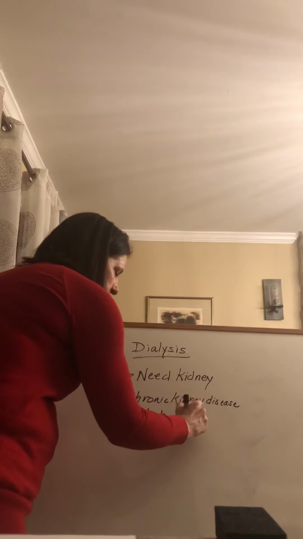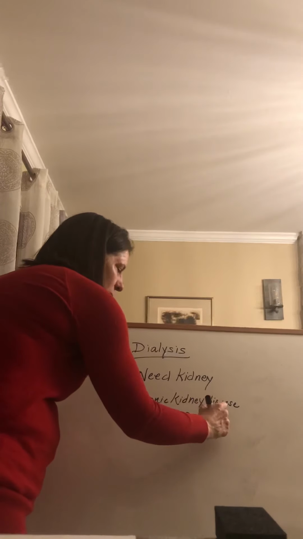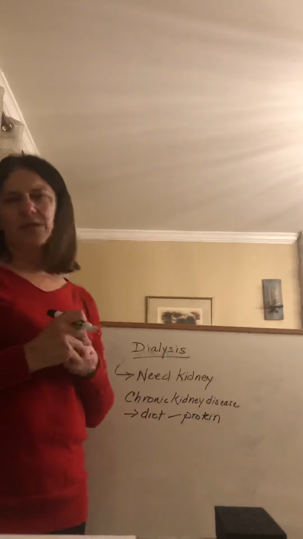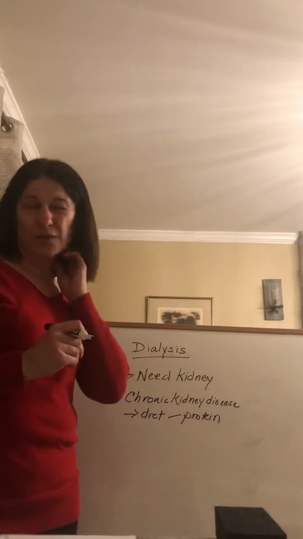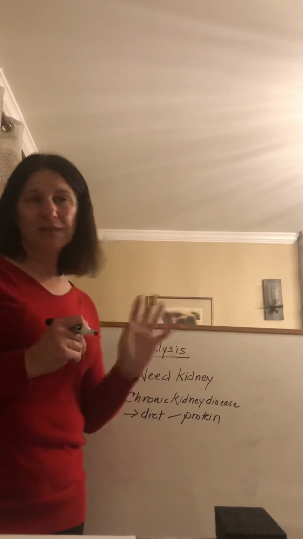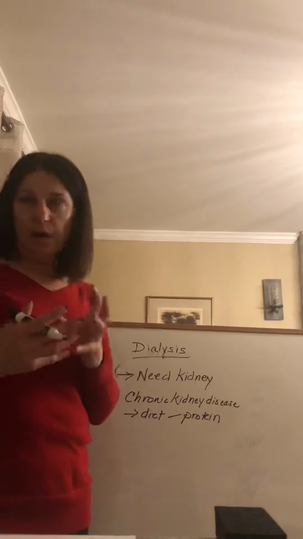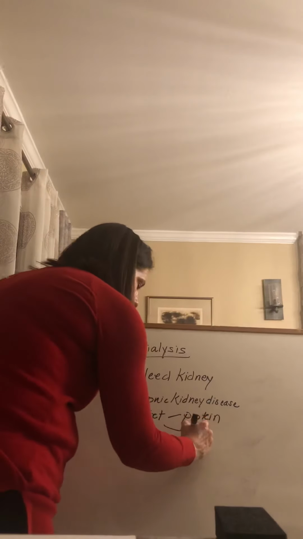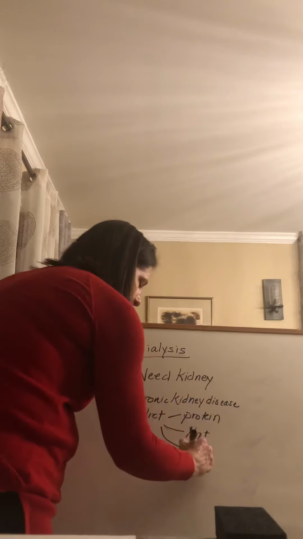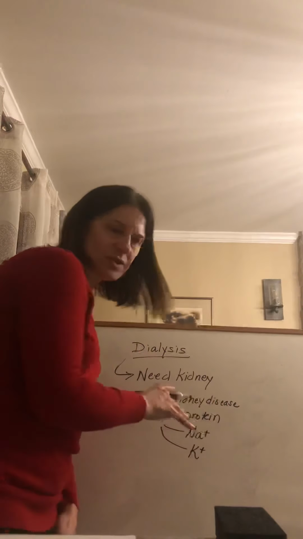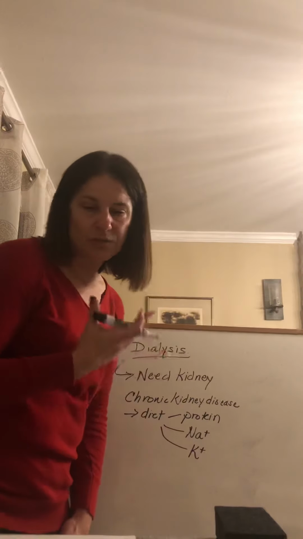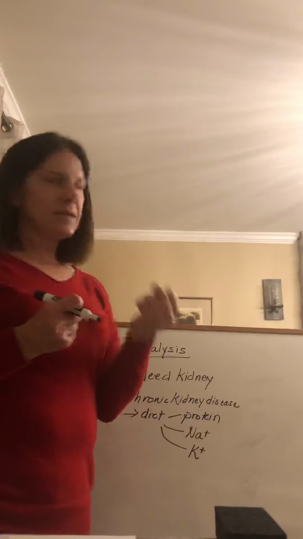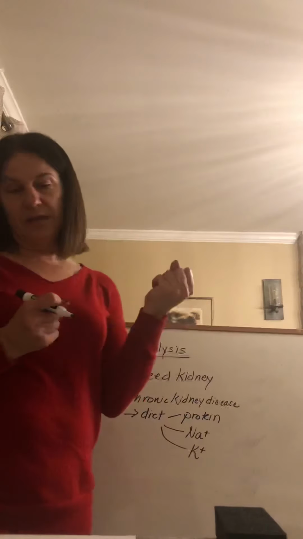For example, you'd want to limit the amount of protein in the diet because obviously if you need to break down that protein and clear all that nitrogenous waste, if we can cut back on the level of protein, that's going to help an already challenged system. And then we'd want to watch the levels of sodium and potassium to make sure that we don't have to manage extensively electrolyte imbalances downstream, okay? If hypertension is the cause, we want to make sure that we're managing the hypertension associated with the kidneys failing.